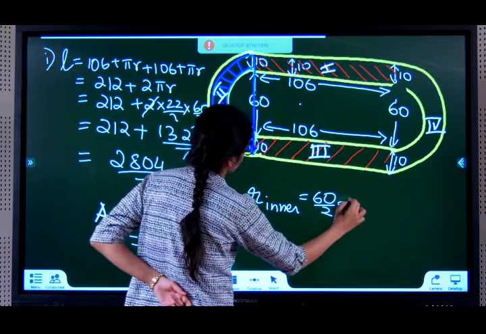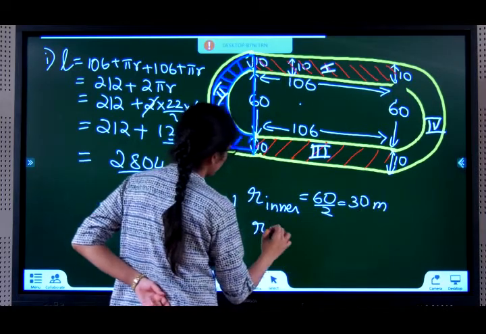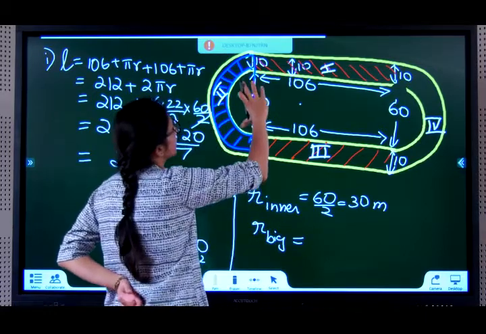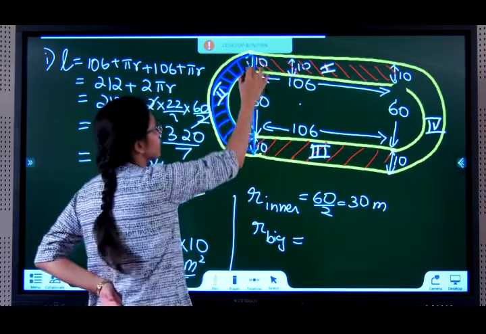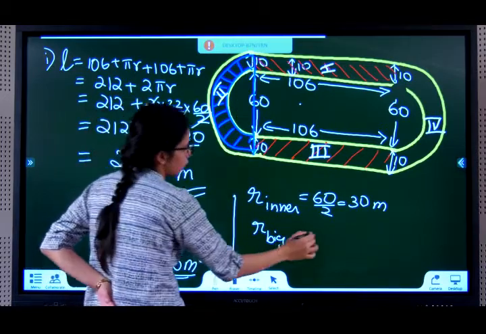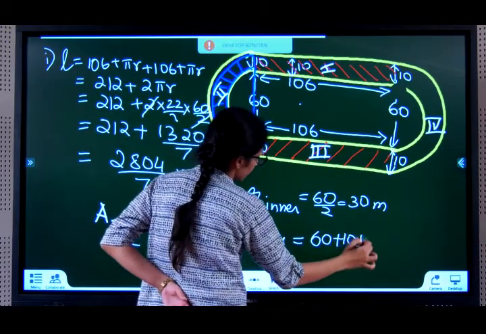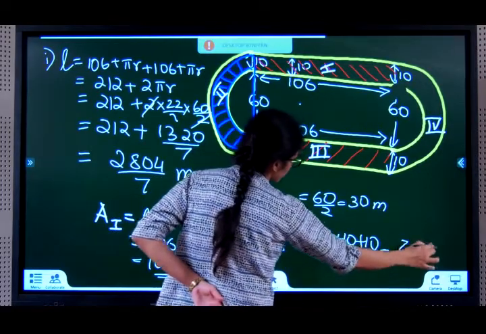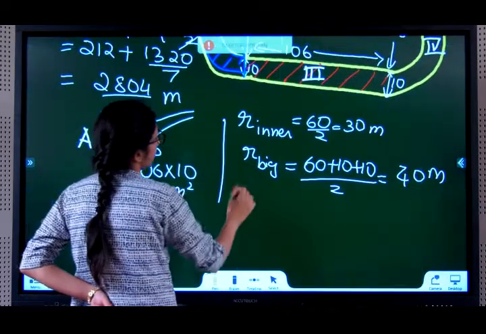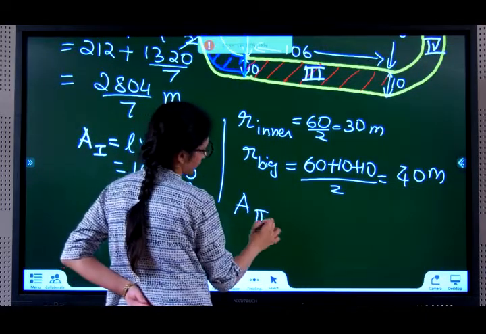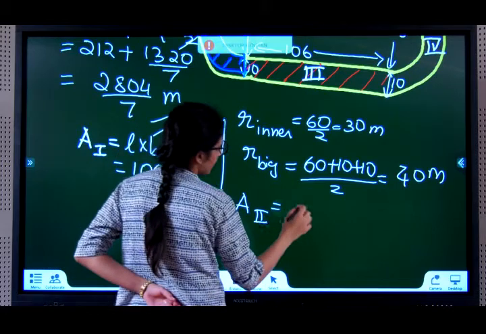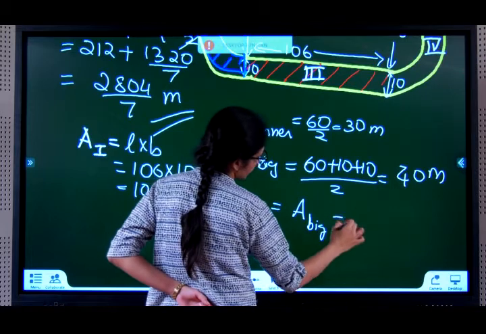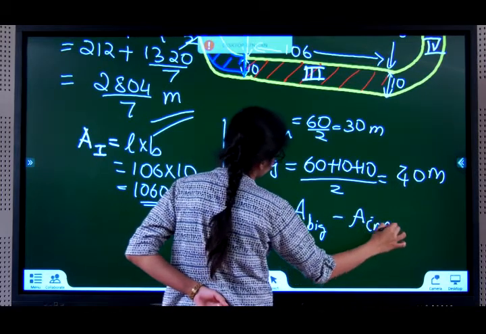60 by 2, which is 30 meters. Radius of bigger circle or outer circle, 60 plus 10 is the whole diameter. This whole thing is the diameter. So 60 plus 10 by 2, 80 by 2, which is 40 meters. So now area of second portion, area of big semicircle minus area of inner semicircle.